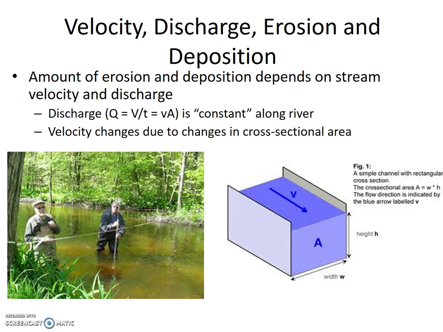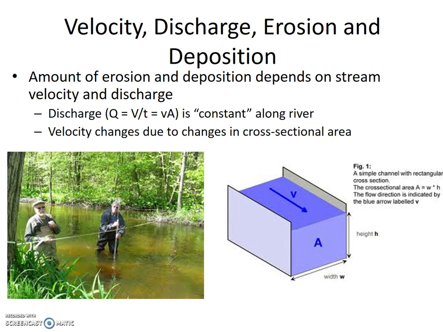We assume that the area that we are studying has a constant discharge, i.e. no tributaries entering our stream, no distributaries exiting our stream, and no significant changes due to groundwater seepage into or out of the stream. With that assumption, velocity changes are due to changes in cross-sectional area.